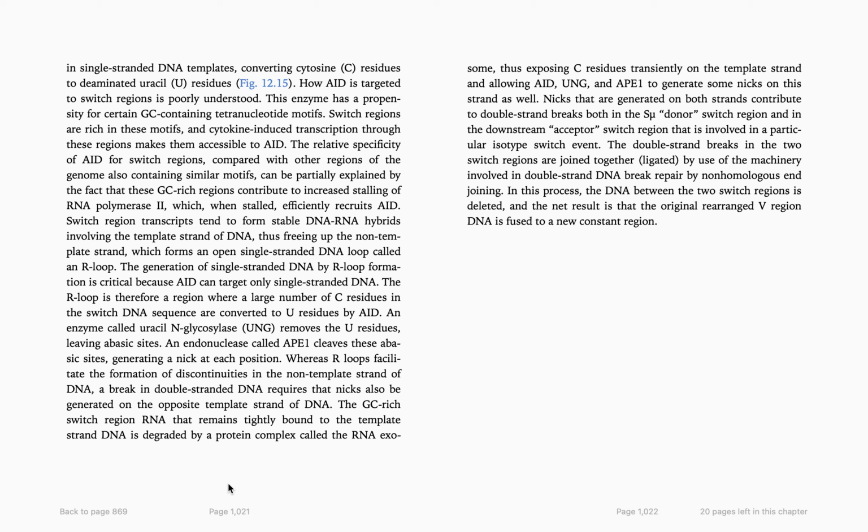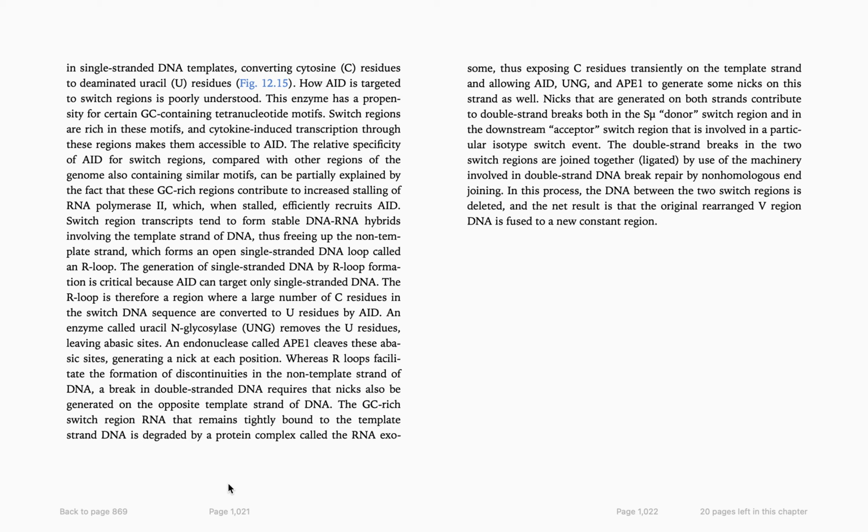Nicks that are generated on both strands contribute to the double-stranded break of both the S mu donor switch region and the downstream acceptor switch regions involved in the particular isotype switching event.